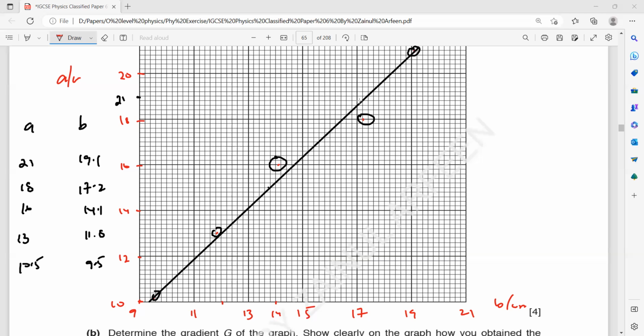It's not that you should touch all the points, but the number of points above and below should be the same. When I draw this line, one point is above, one point is below, so they cancel out. The second point is above, the second is below, so they cancel out. So the line of best fit is the one with an equal distribution of points around it.